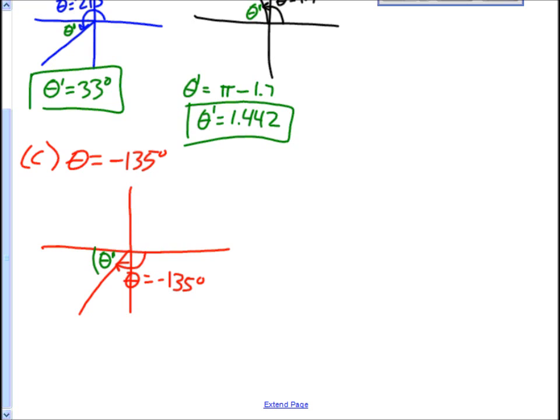How much more do I need to make it all the way to negative 180 degrees? Well, 180 minus 135, that's 45 degrees. There's my theta prime, so theta prime there is 45 degrees.